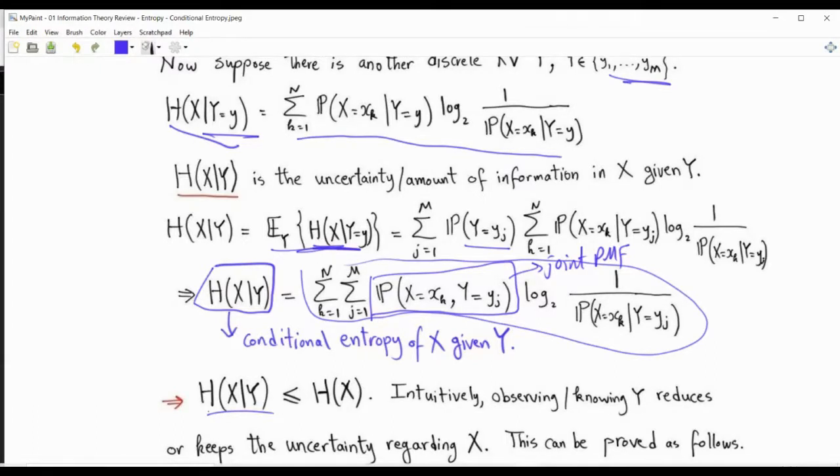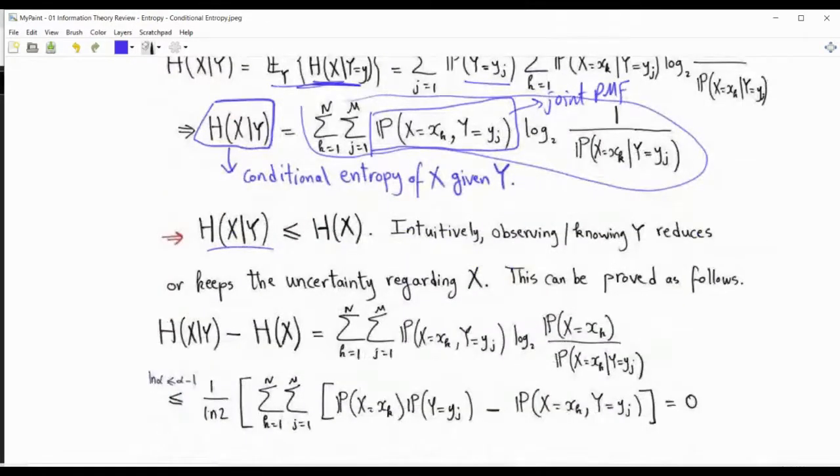But if x and y are dependent, then when you measure y, this will tell you something about x, and so the uncertainty in x will go down, and H of x given y is less than or equal to H of x. This is a property that you want, and the formula for the entropy that we take for granted actually guarantees that this is the case.